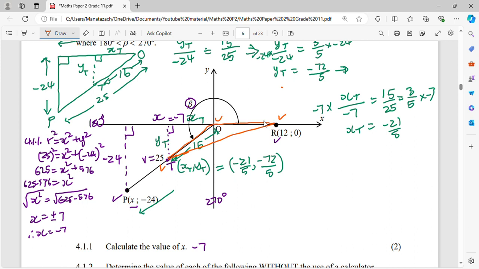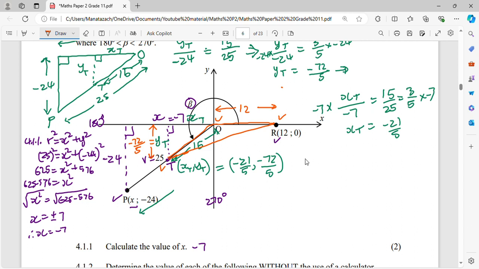Now we know that the area of a triangle is base, which is this length here. We know that the x coordinate of R is 12, so the base there is 12. Then YT is going to be our height. This is the height of the triangle, same as YT. We know that YT is minus 72 over 5 from the previous calculation. So that should be straightforward.